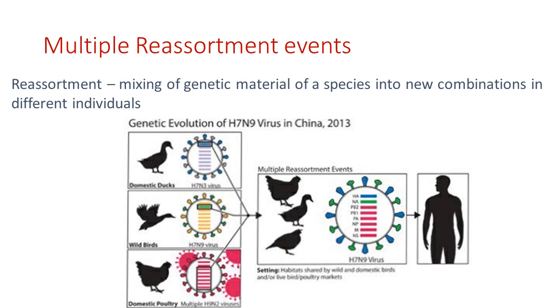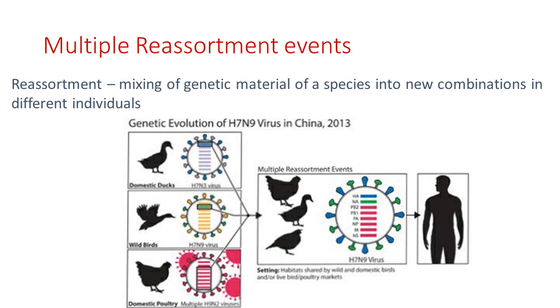Here we will see an example with H7N9. First we have the domestic duck, where the genome is represented in blue. Next we have the wild birds, shown in green, and the last one is domestic poultry, shown in pink. In the case of the H7N9 virus, we have a combination of all these individuals.